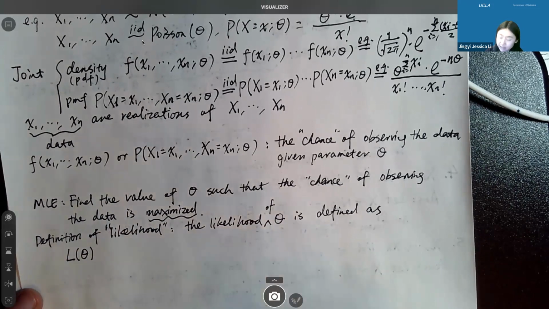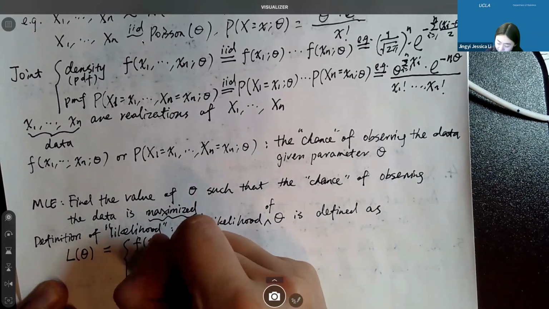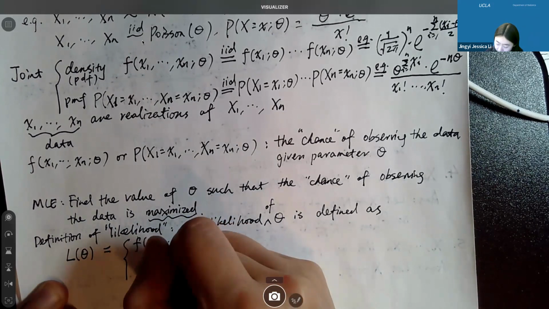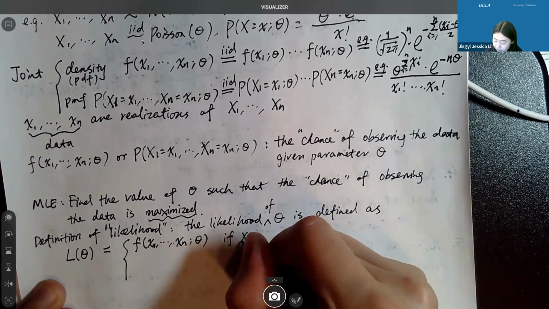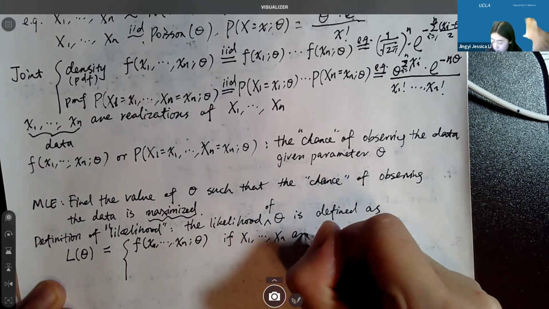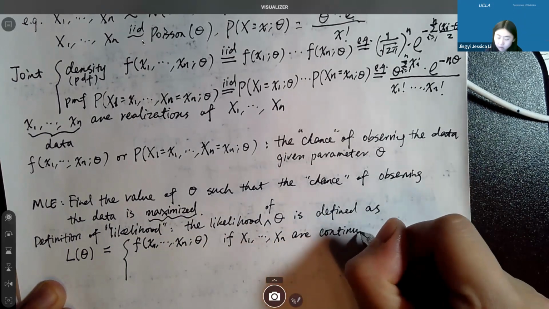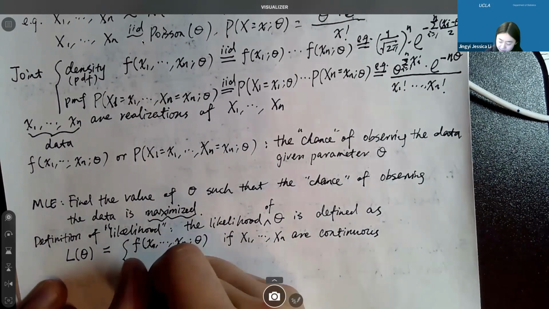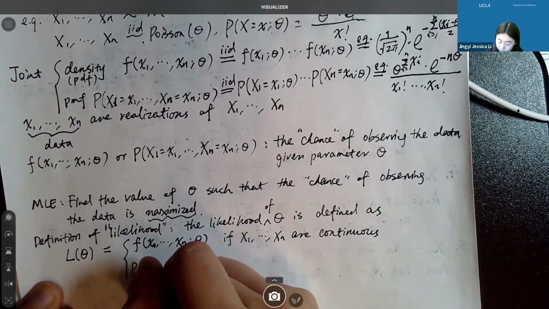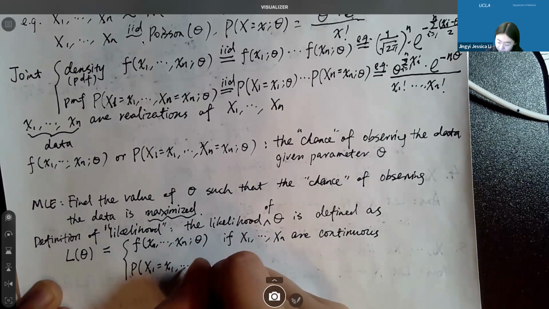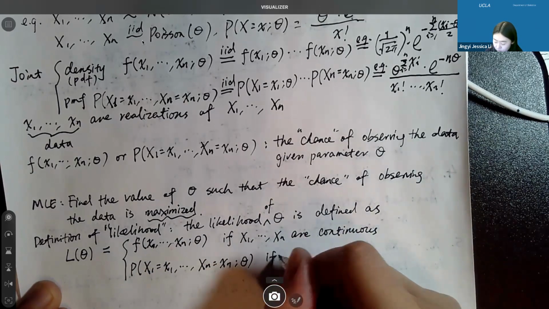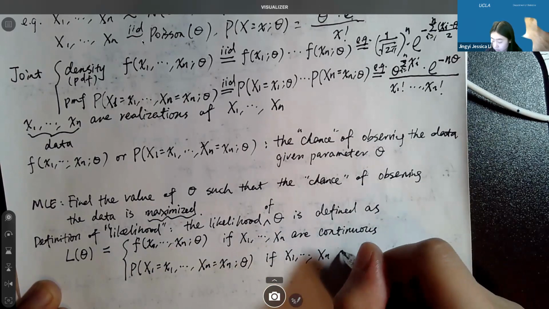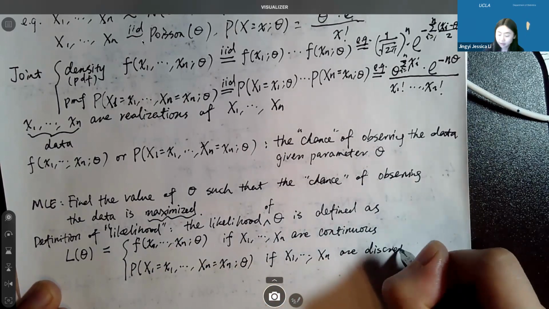It's defined as the joint density of our data given theta if the random variables x1 to xn are continuous, or the joint probability mass function of our random variables taking the realizations given theta if x1 to xn are discrete. Okay, this is the definition.